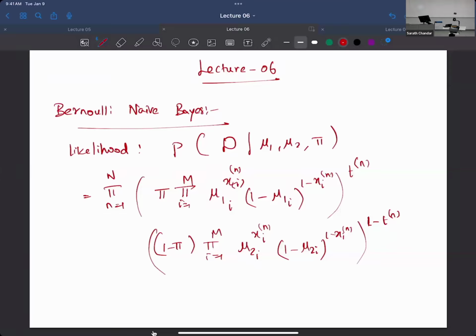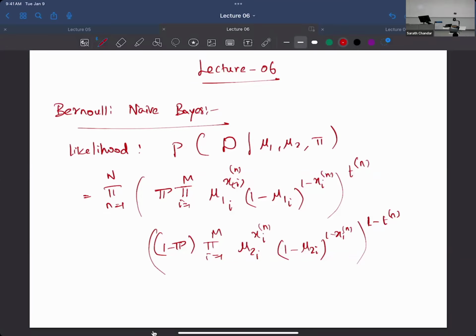If it's class one, the probability is phi; if it's zero, the probability is 1 minus phi. So just to differentiate them, this phi is the parameter.